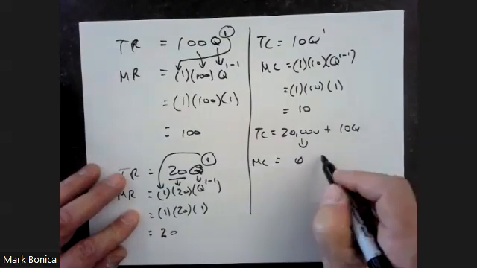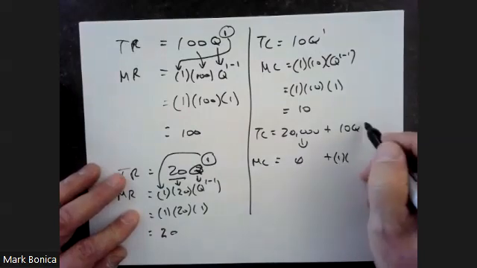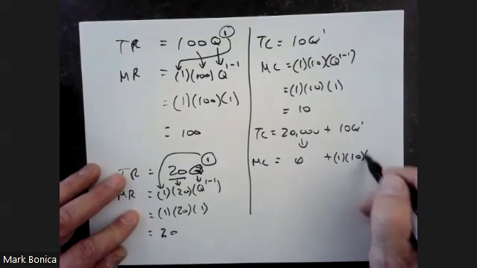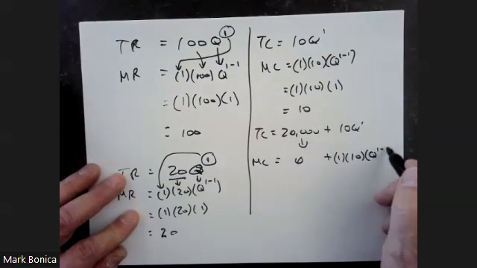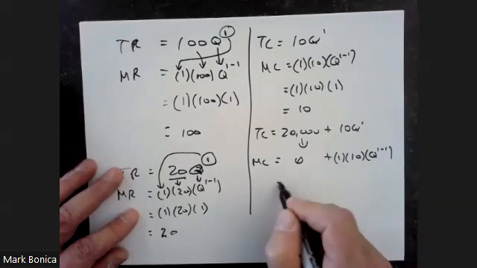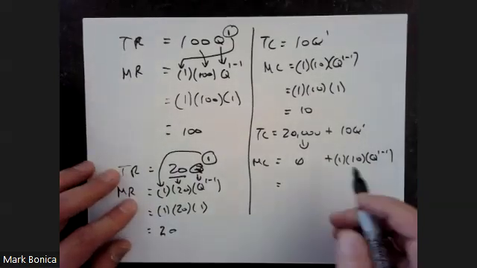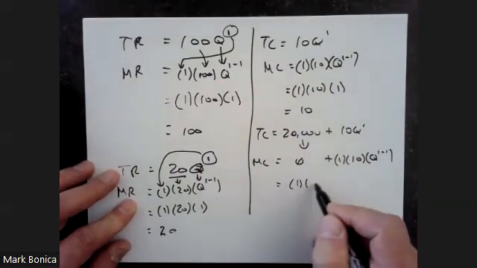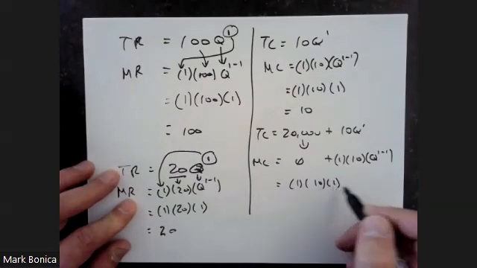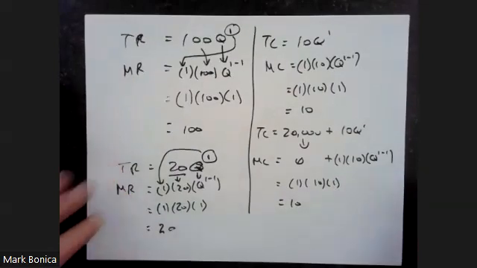Then we do the 10, Q to the 1 minus 1. And that gives us 1 times 10 times 1, or 10.